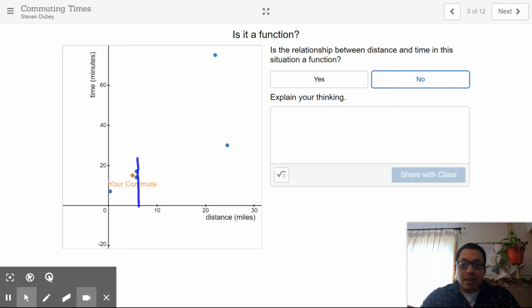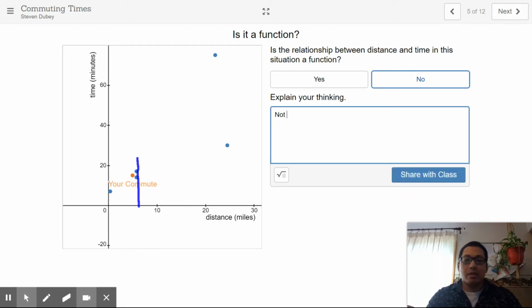So no, it's not a function because we don't know exactly how long it will take. We don't know the output, which is the time, to get to school.